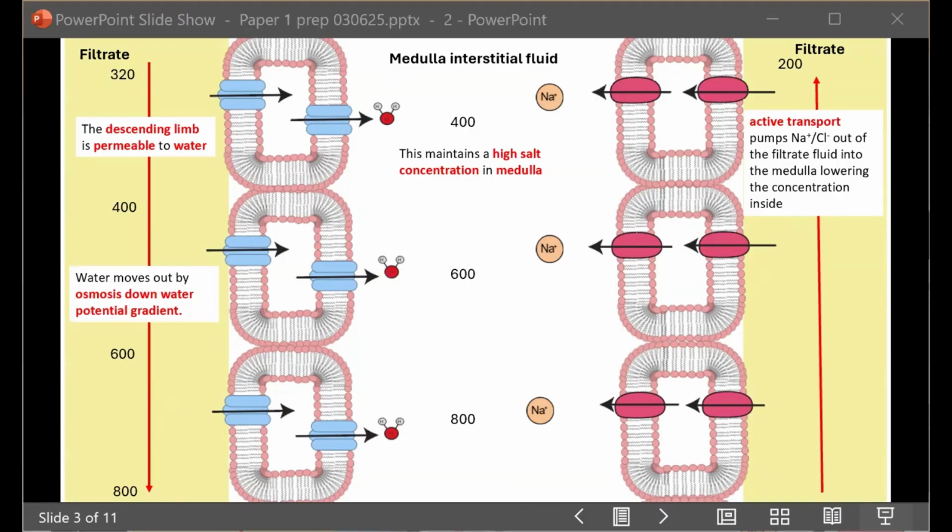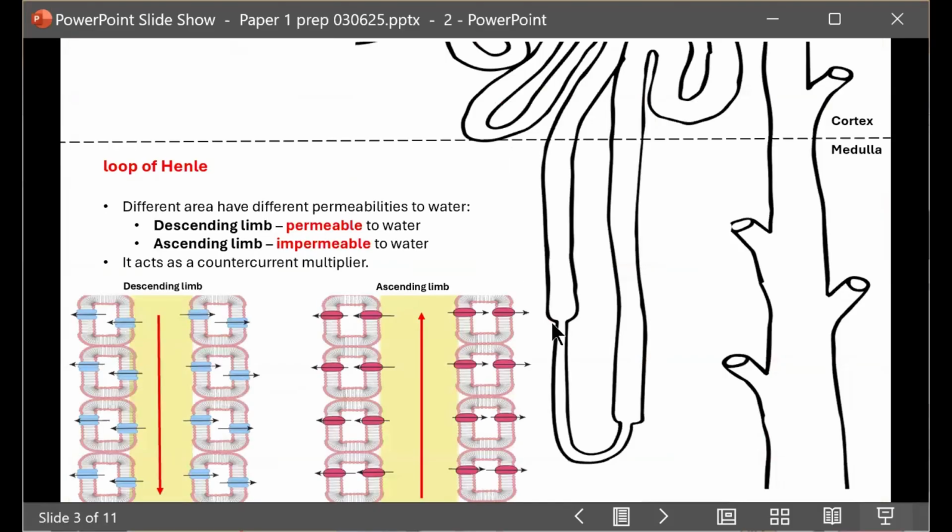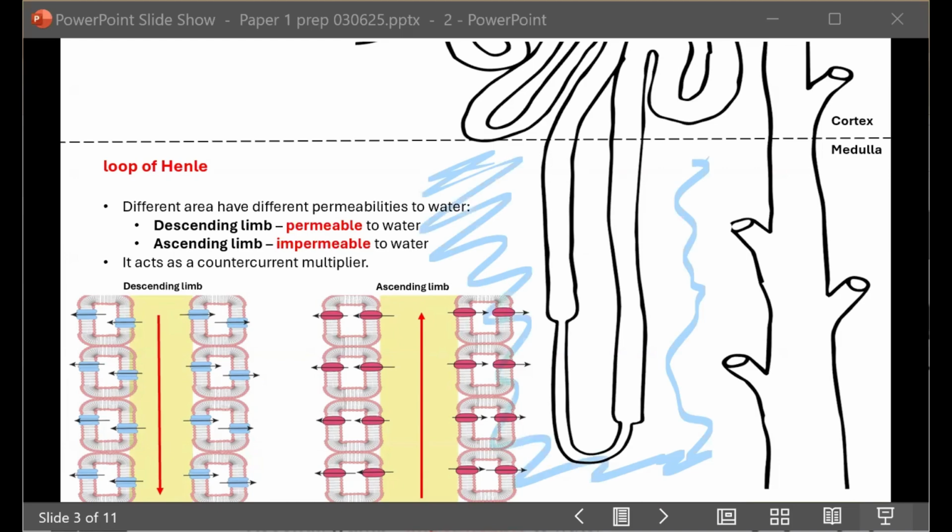But then what we have to remember is that the loop of Henle is in the medulla. We're talking about the medulla interstitial fluid. So all this stuff here is the medulla interstitial fluid.